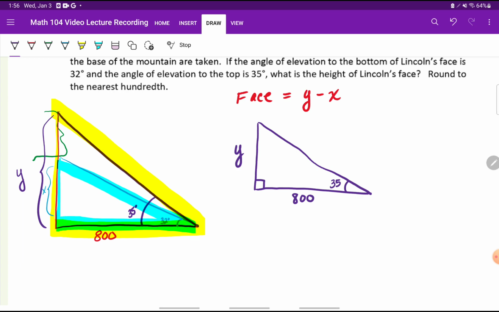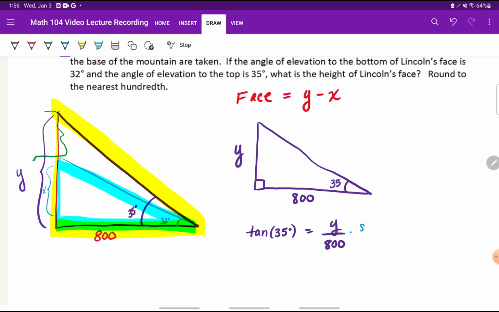From our angle of 35 degrees, y is the opposite side, 800 is the adjacent side. We use tangent to relate opposite and adjacent sides. So we have that tangent of 35 degrees is equal to y over 800.